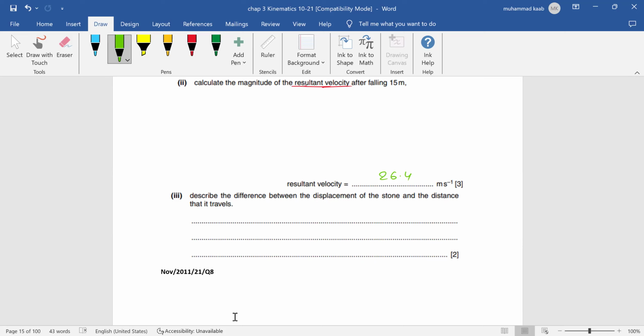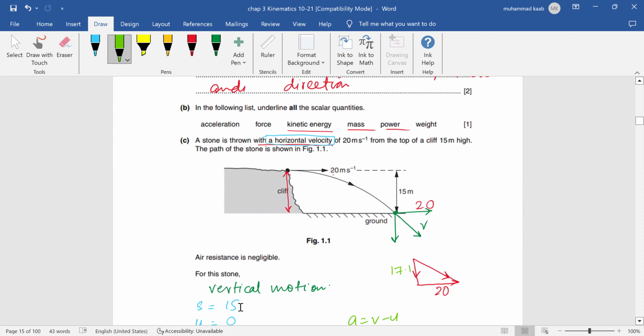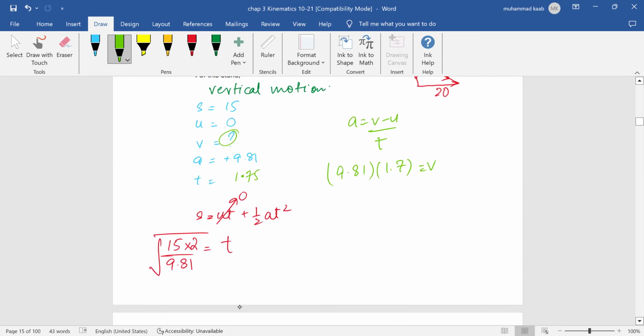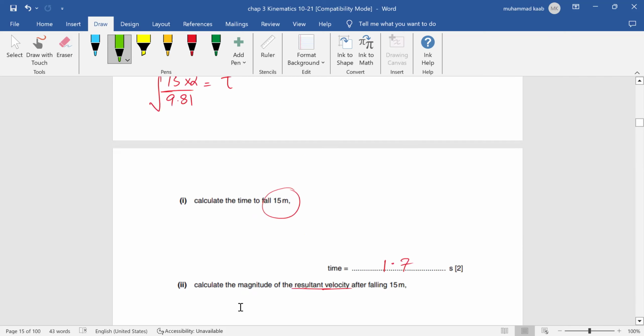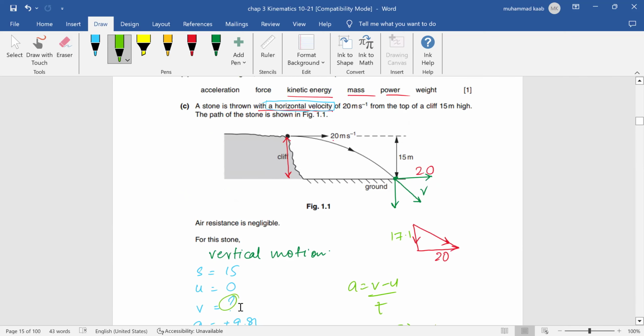Describe the difference between the displacement of the stone and the distance that it travels. The distance is the path that the stone takes, right? Actually, you have to make sure the answer relates to this diagram and not the general answer.